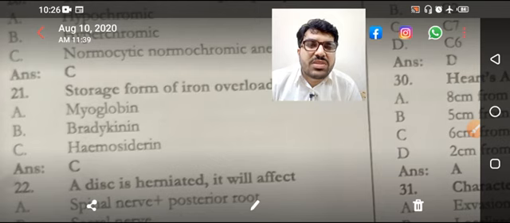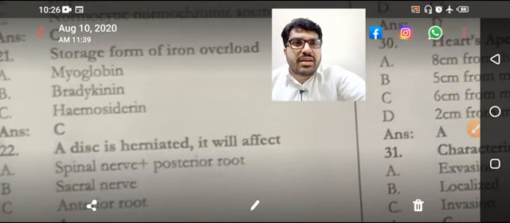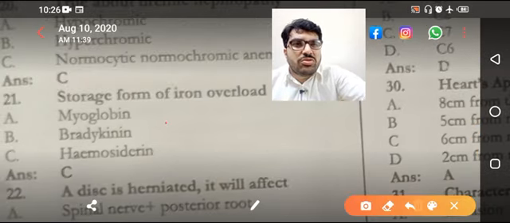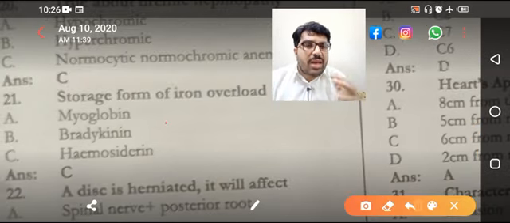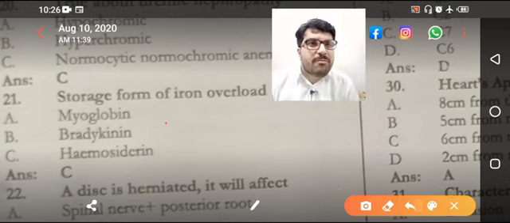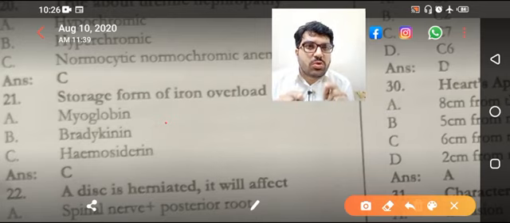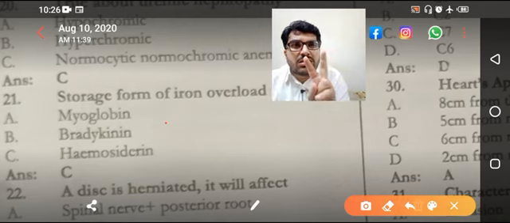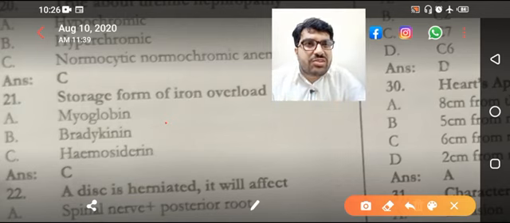So that was some MCQs regarding that. In hemochromatosis, I discussed there is decreased hepcidin, so there is more absorption of iron, and that is mainly the problem. If you give decreased iron or an iron chelator, which two damages are reversible?